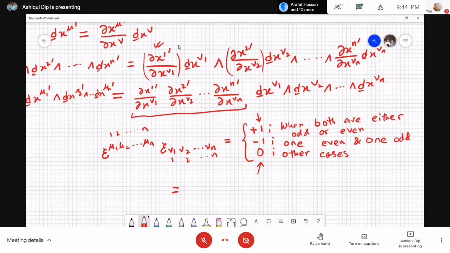That gives you +1. Now if you have one odd permutation, say 2 1, or actually no, let's finish the even case first.